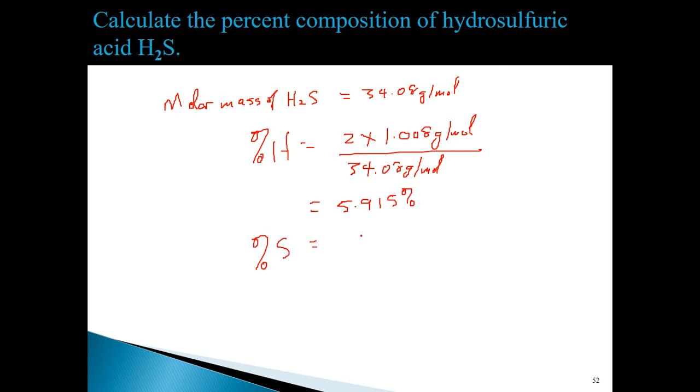And then I do the same thing with sulfur. This time I divide the molar mass of sulfur, which is 32.06 grams per mole, divided by 34.08 grams per mole, multiplied by 100%.